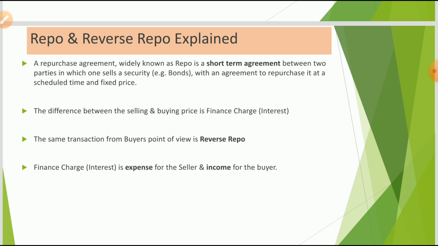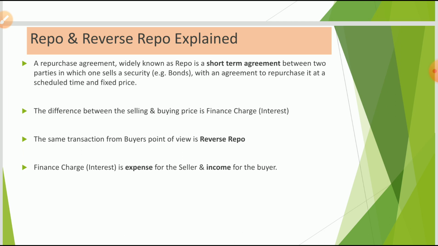Since the seller is selling the securities at a price, and when buying back those securities he is paying more than the price at which he sold them, there is a difference between the selling and buying price. The difference between selling and buying price is the interest part.